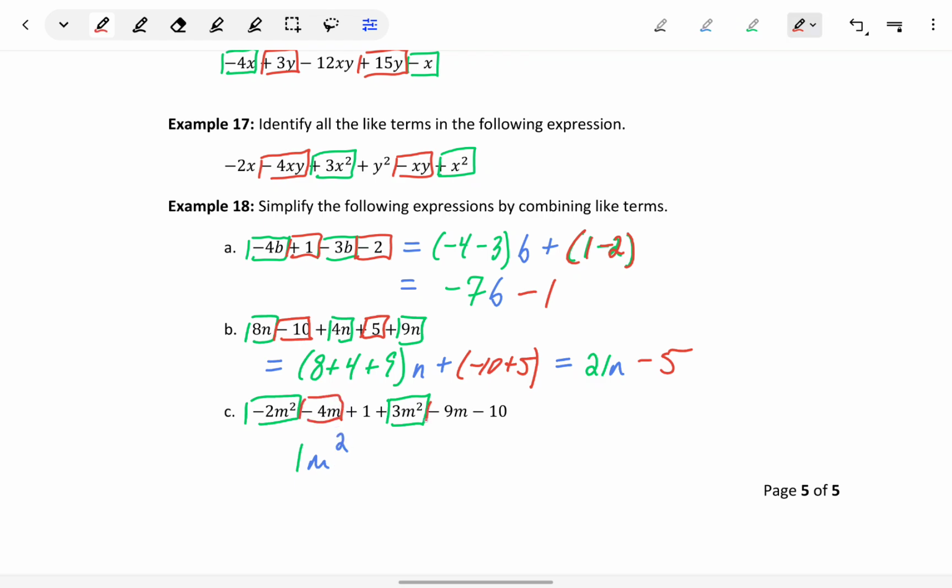Minus 4m and minus 9m are like terms, which will leave us with minus 13m. And then 1 and minus 10 are like terms, leaving us with minus 9.